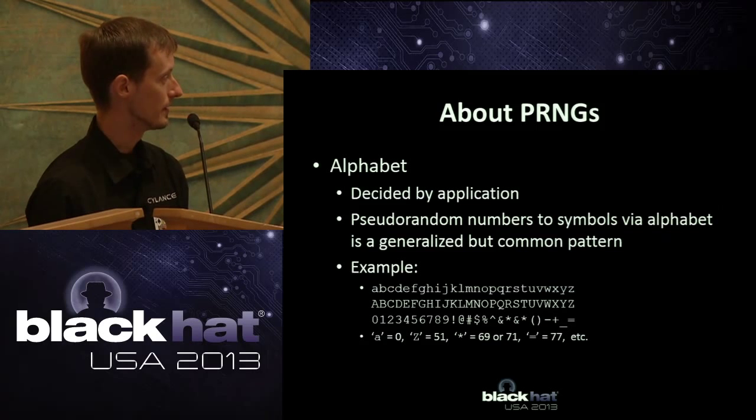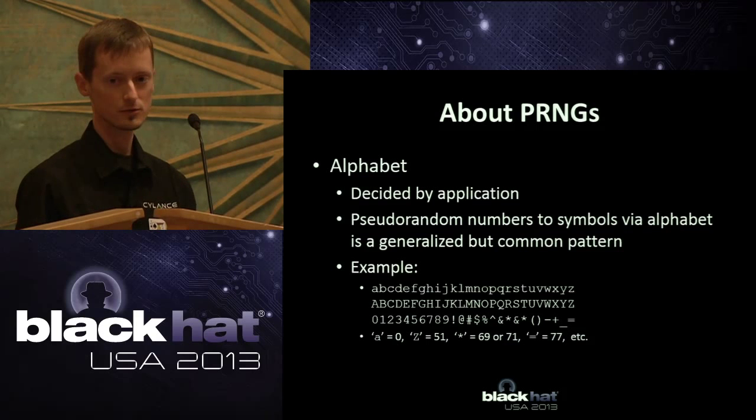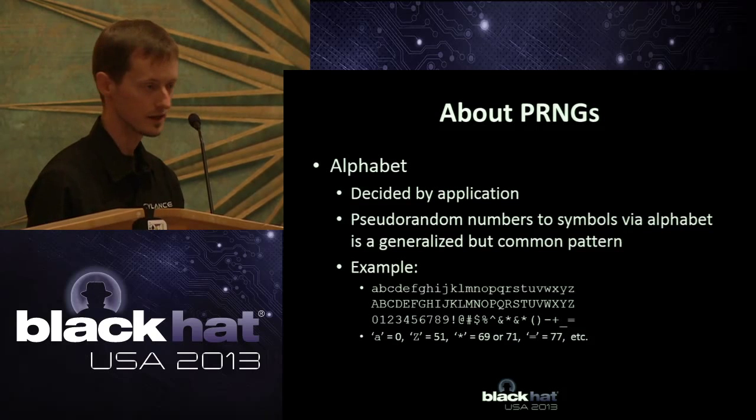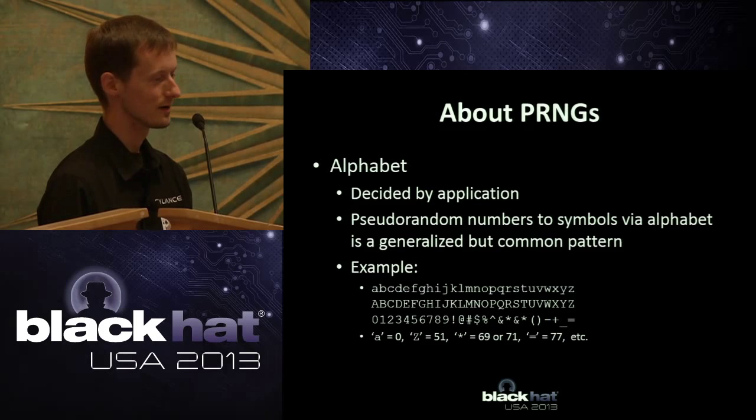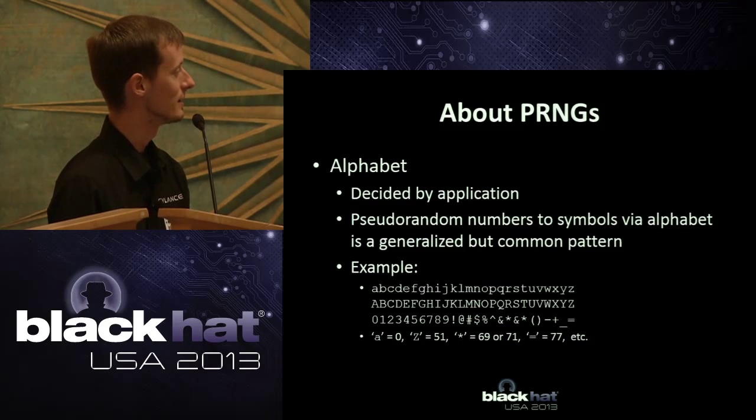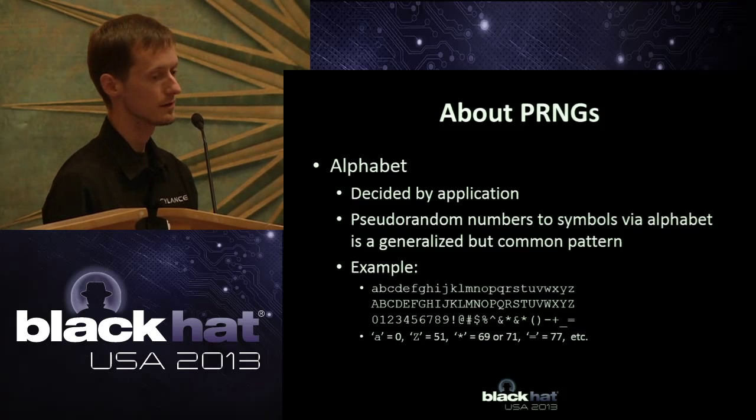Here's an example alphabet, and this illustrates a lot of the concepts that you'll run into when you're trying to attack an application. There's what I'm calling, for lack of a better term, the principle of obviousness, where if the developer wants to spit out numbers, letters, then they're probably going to order them in A through Z order, just out of obviousness.